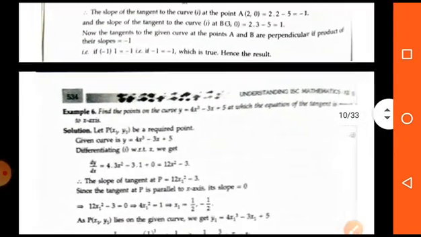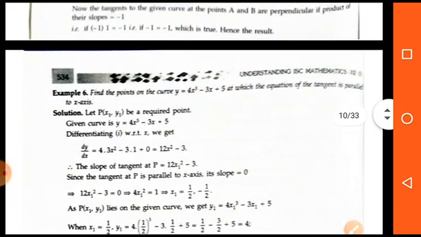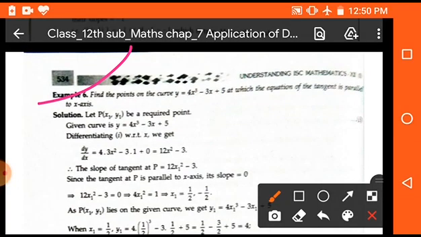Now take another example. Find the point on the curve y equals 4x cube minus 3x plus 5 at which the tangent is parallel to the x-axis. So first of all, y equals 4x cube minus 3x plus 5 is given. Now differentiate it with respect to x, we get this, the slope of the tangent. Now it is parallel to the x-axis, that means the slope will be 0.